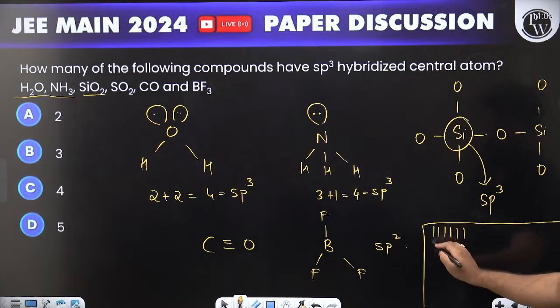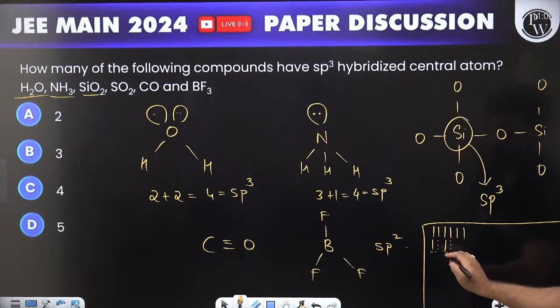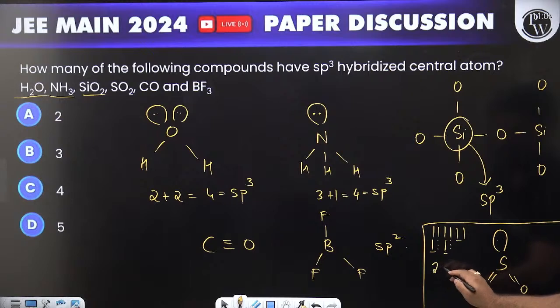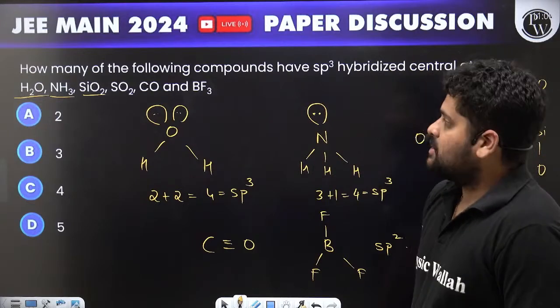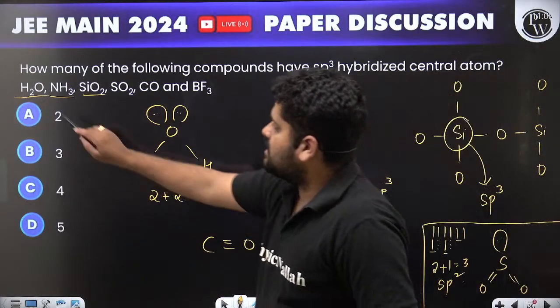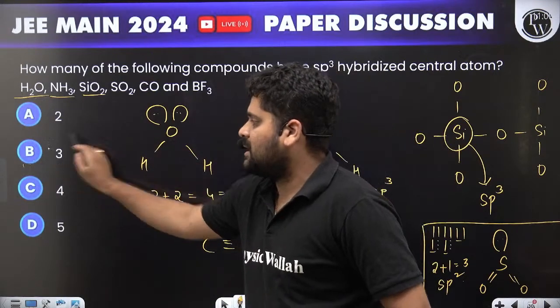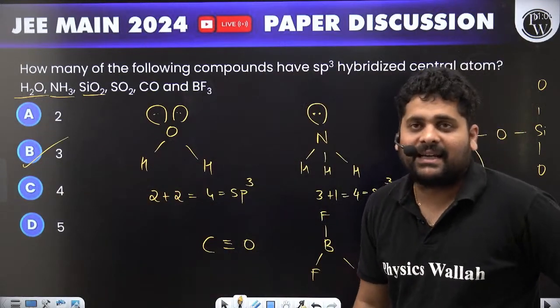Oxygen 1 sigma 1 pi, second oxygen 1 sigma and 1 pi. So bond pairs are 2, lone pairs 1. So arrangement is 2 plus 1, which is 3. Hybridization is again sp2. So the correct answer for this question is H2O, NH3 and SiO2. So we have option B as our correct answer.